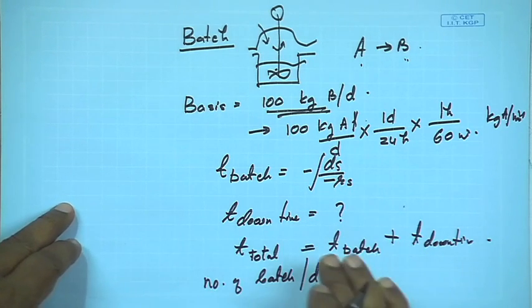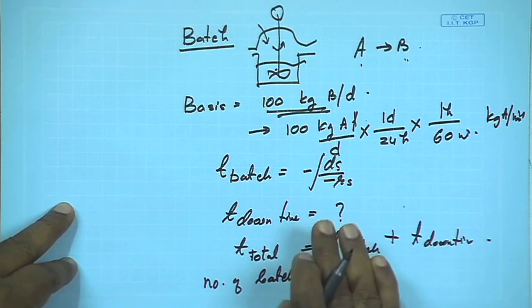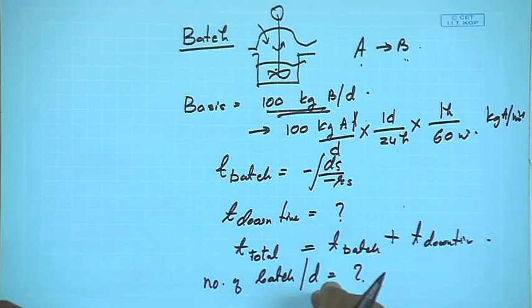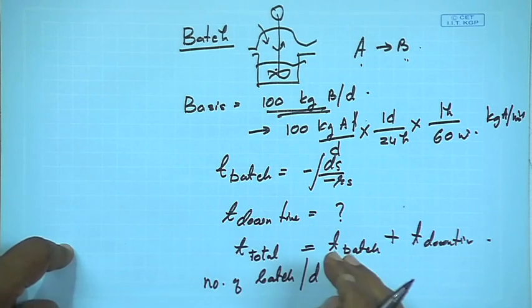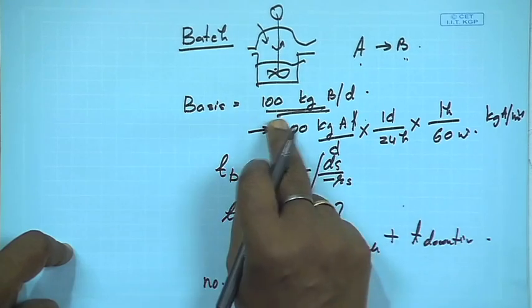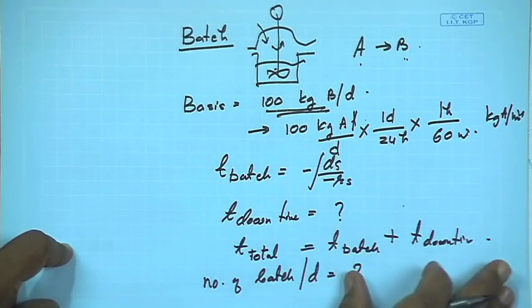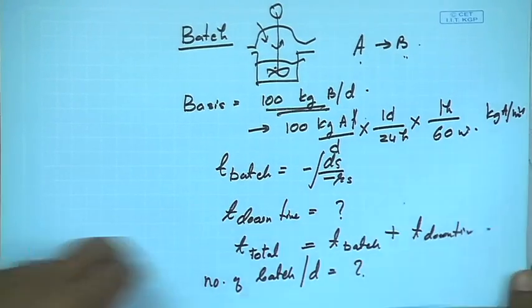Once you have the information on how much product you have to produce per batch, then you can easily find out the volume of the reactor.